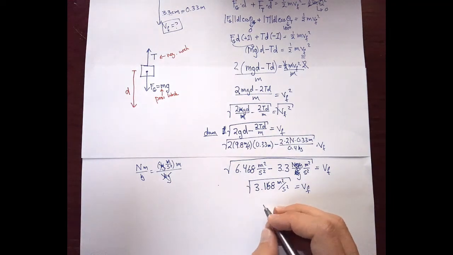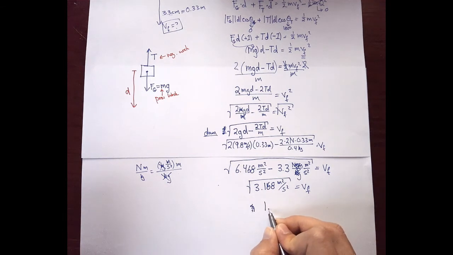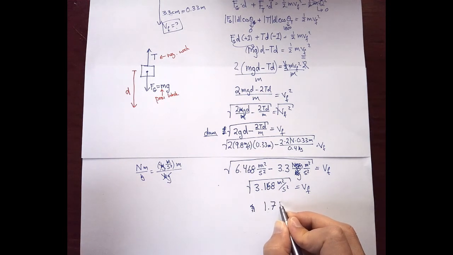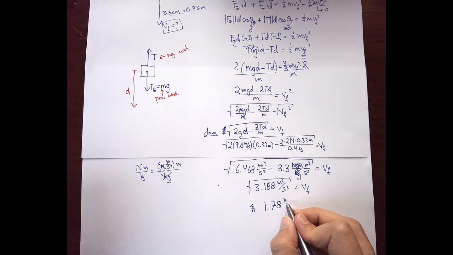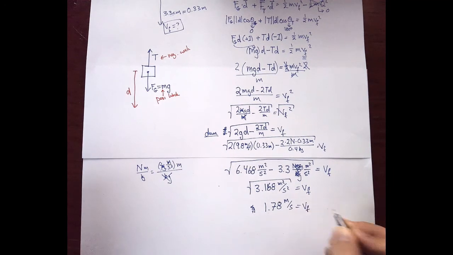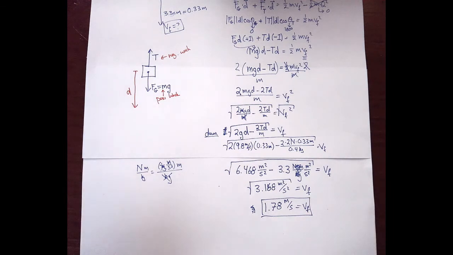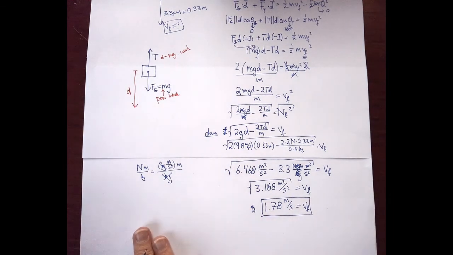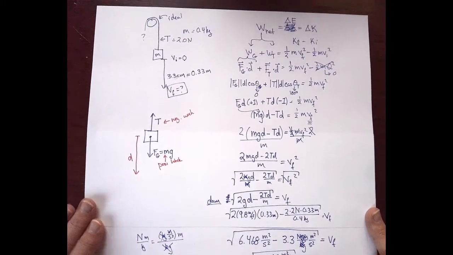All right, so when we take the square root, that'll be 1.78, and meters squared square rooted is meters, over seconds squared square rooted is seconds, which is good. That's what we want in terms of units. All right, so that is how you would do a work energy problem if you were involving tension.